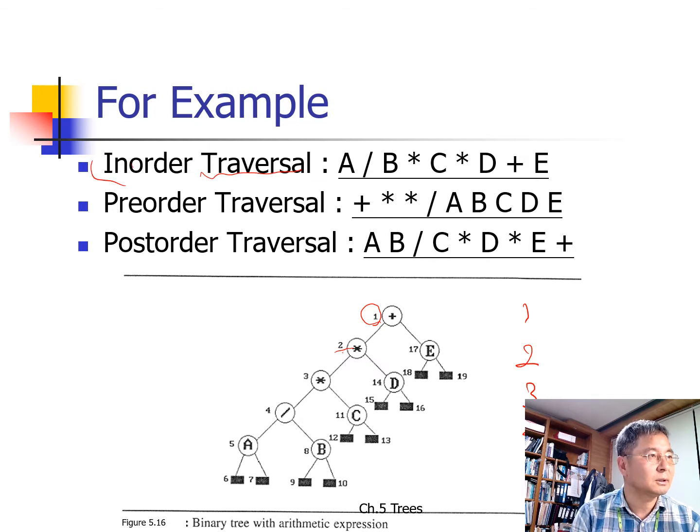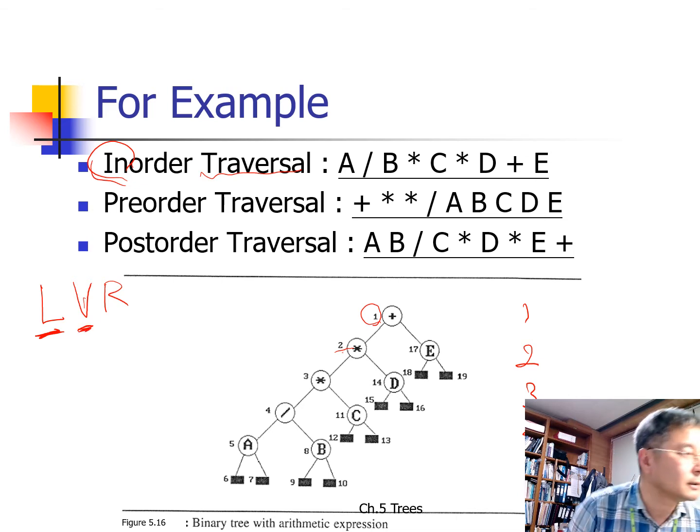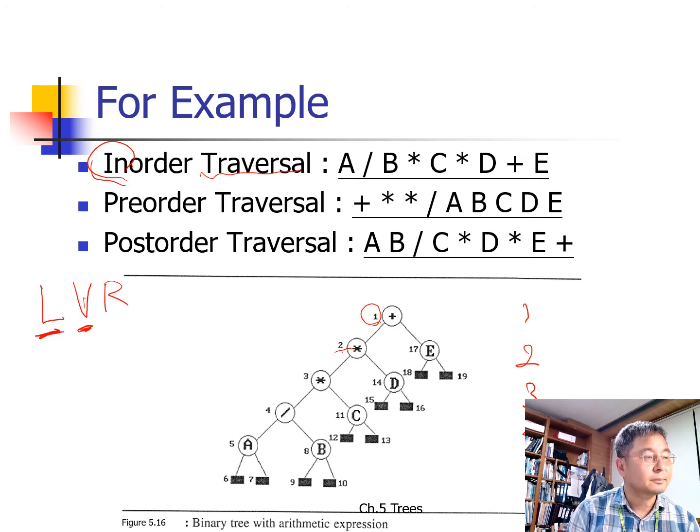So in-order traversal means that it is L, V, R. That means that we visit the left subtree first, and then after the left subtree, V is read. The value is read. And after that, the right subtree will be visited.